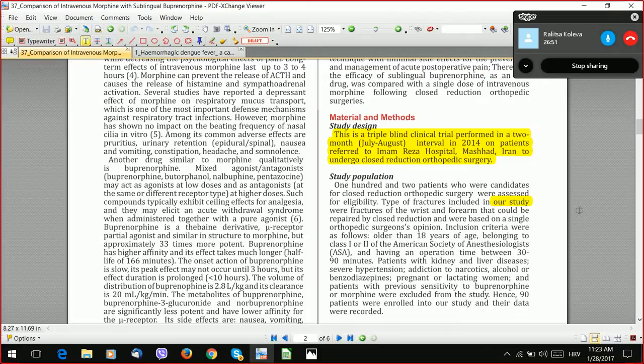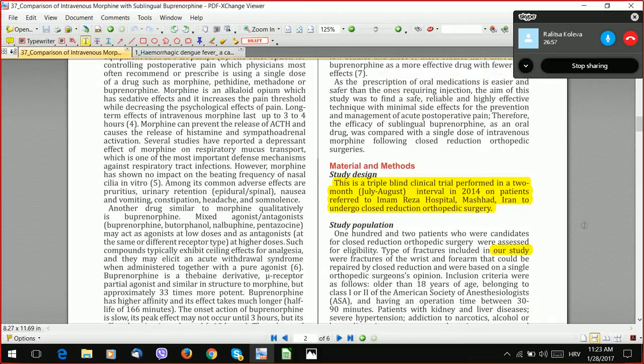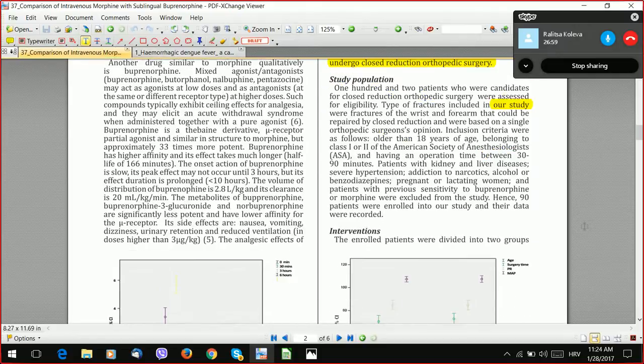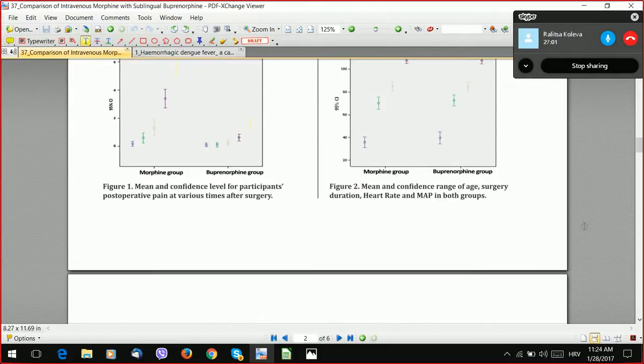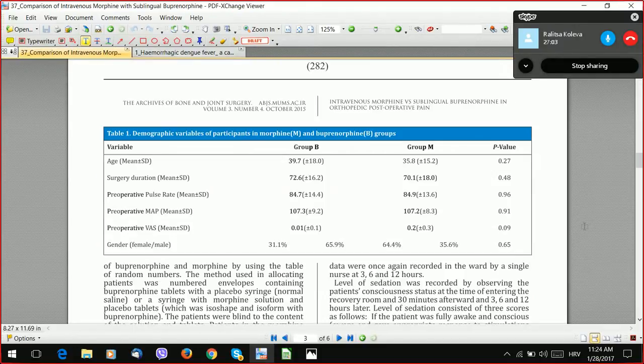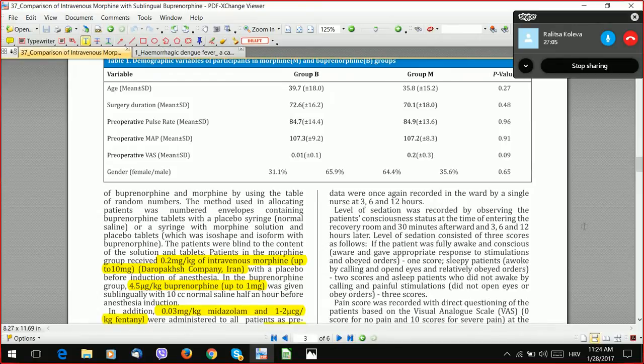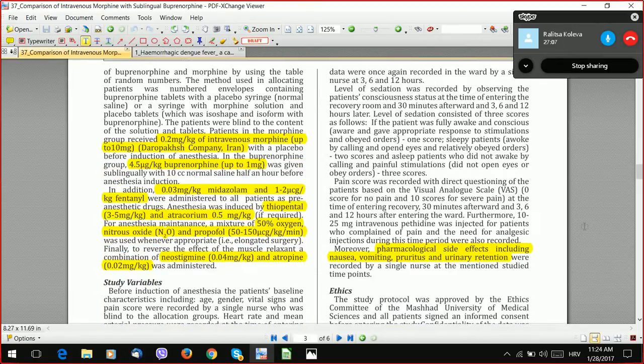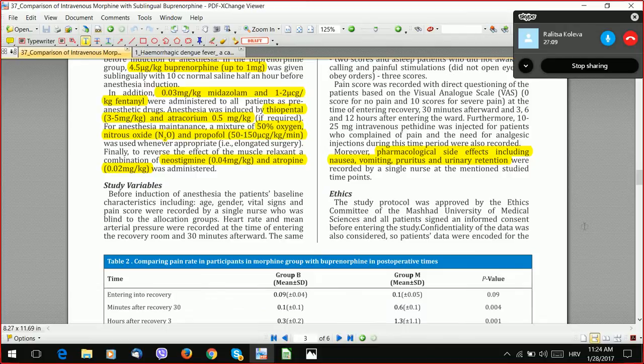But even if they were not the treating doctors of all these patients, you will see later on that they are giving a lot of detailed information about these patients, which tells you that they had access to patients' data.